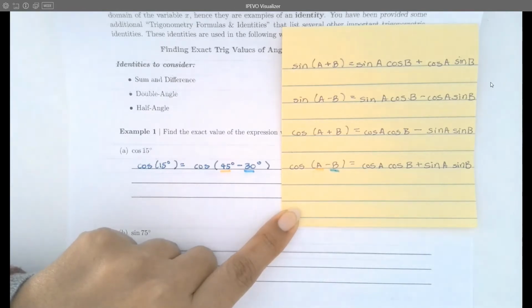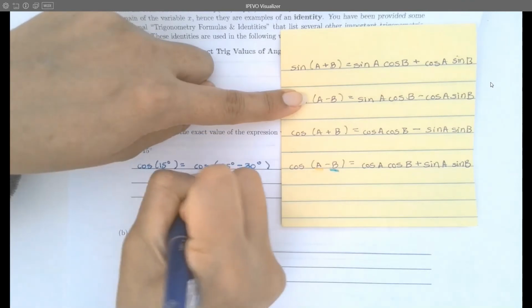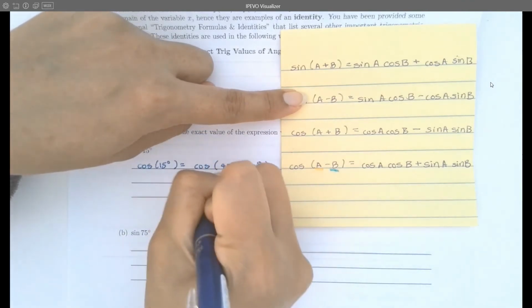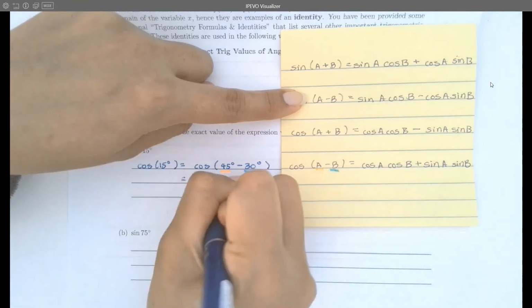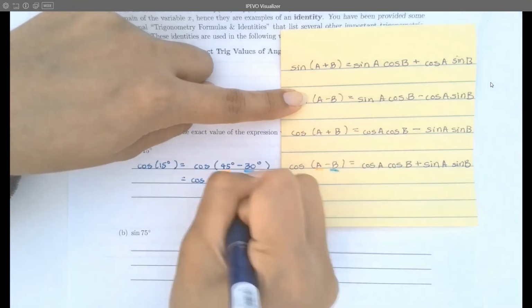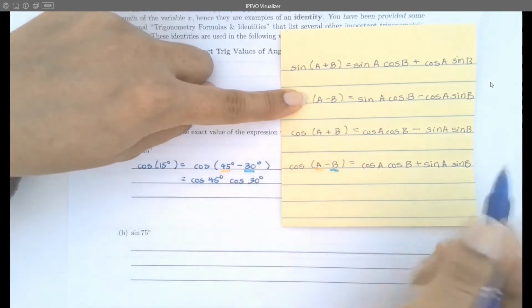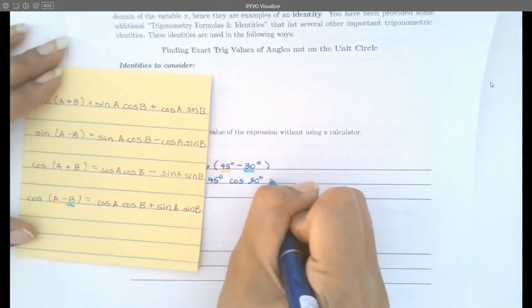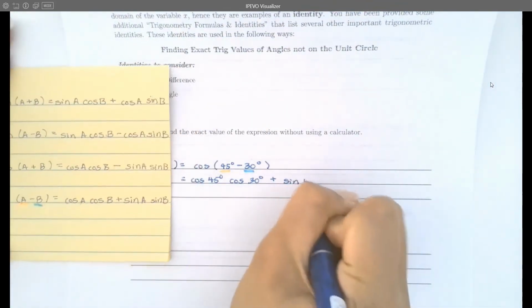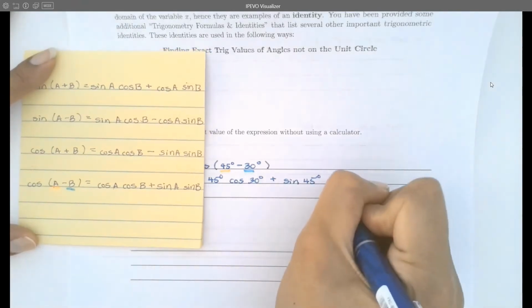And so according to this identity, this should be equal to cosine of the first angle, angle A, which is 45 degrees, times cosine of the second angle, which is 30 degrees, plus sine of the first, which is 45 degrees, times sine of the second, which is 30.